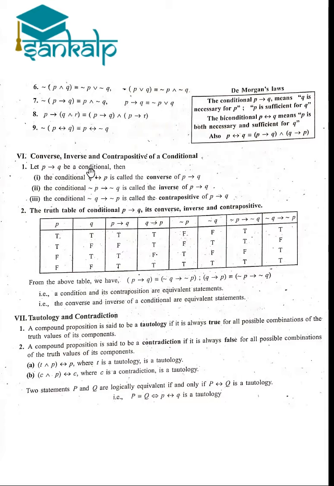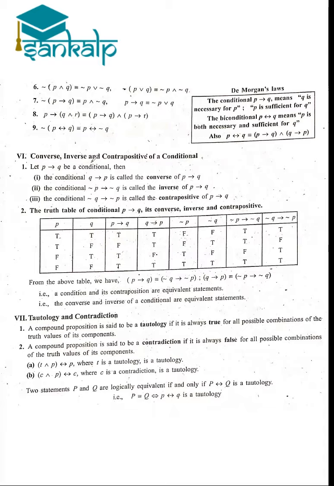Next, converse, inverse, and contrapositive of a conditional statement.